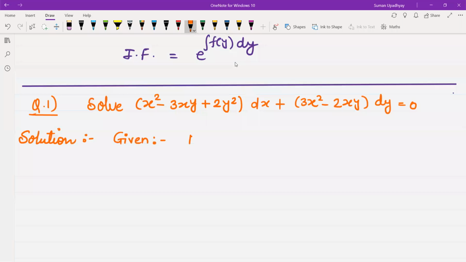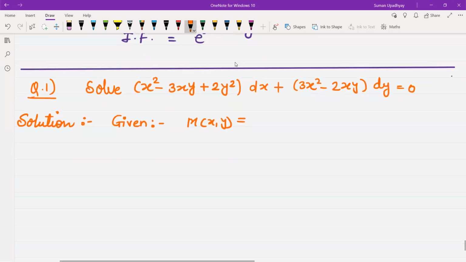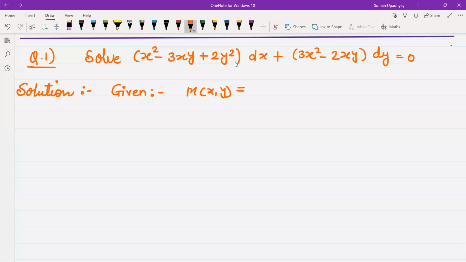So can anybody tell me what is M and N from this given differential equation? What is M and what is N? M is x squared minus 3xy plus 2y squared, and N(x, y) is 3x squared minus 2xy.